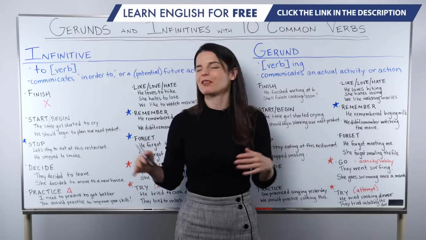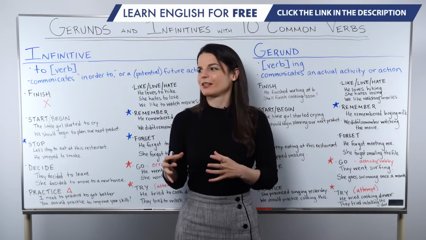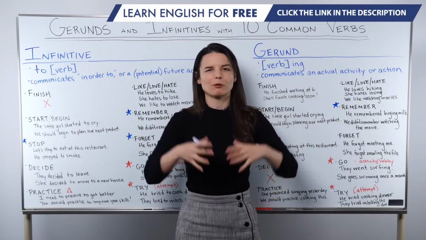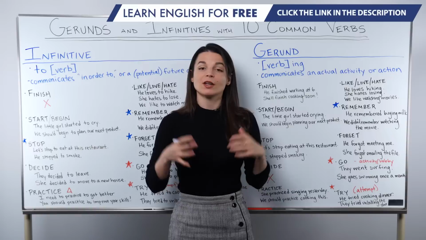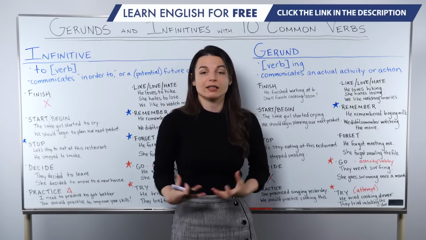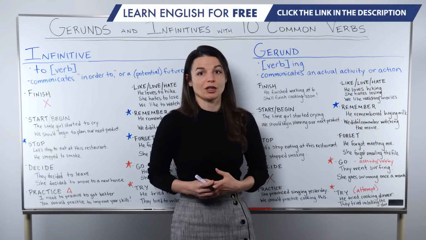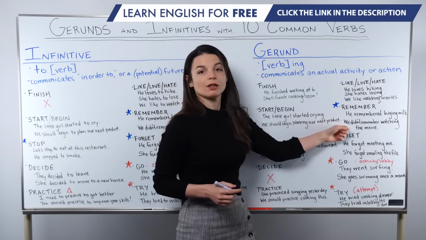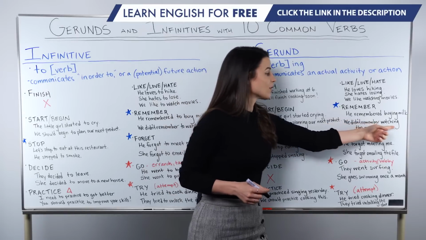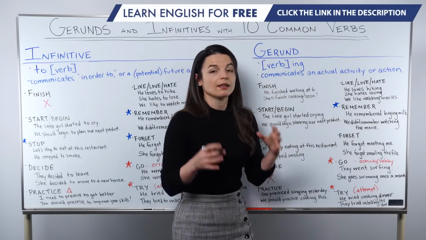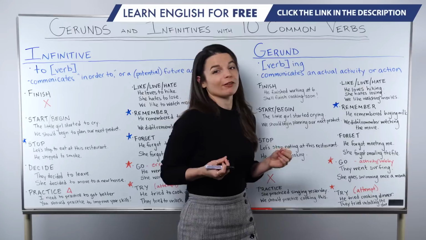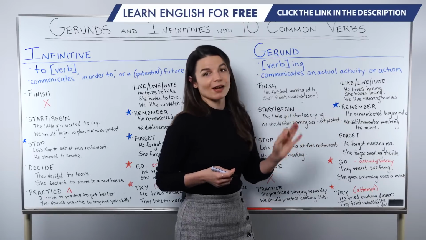Maybe they were very tired, or maybe there was some other thing happening. They were very stressed out or something like that. So they do not remember the activity, the action of watching the movie. That is what this grammar choice, this gerund, communicates: the specific action itself is the thing that the person does not remember.